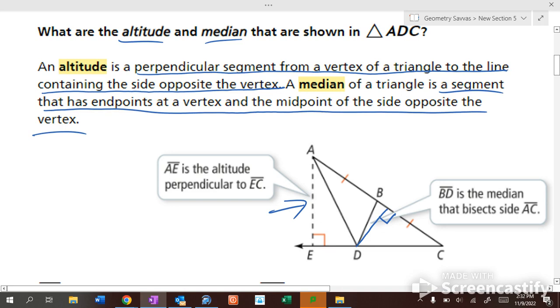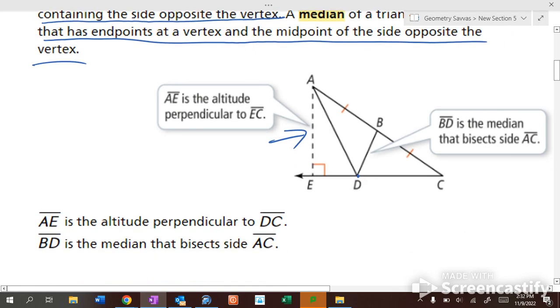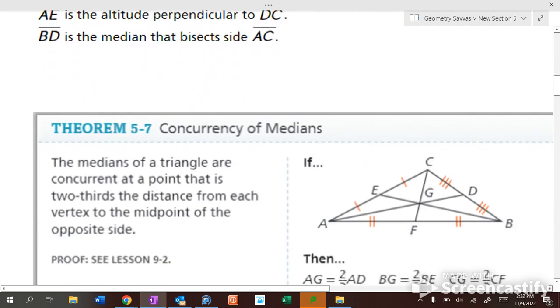But if you have an obtuse angle, you're going to have a couple of altitudes on the outside. A median goes from the vertex to the midpoint, the middle of the opposite side. An altitude goes from the vertex perpendicular to the opposite side. A median goes to the middle of the opposite side.